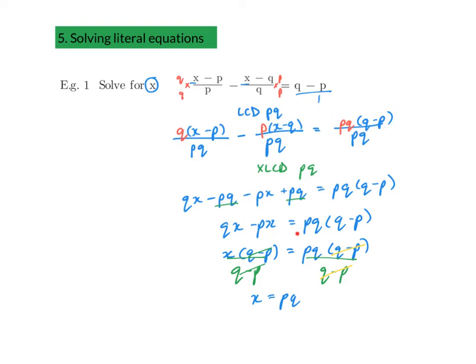Next, when I got to this step, I made x a common factor so that I could isolate the x, because the aim of the equation is to isolate the x. And then I divided both sides by what x was being multiplied by, and I got x as PQ. Remember inverse operations when you're solving literal equations. Plus is opposite to minus, times is opposite to divide, squaring is opposite to square rooting.